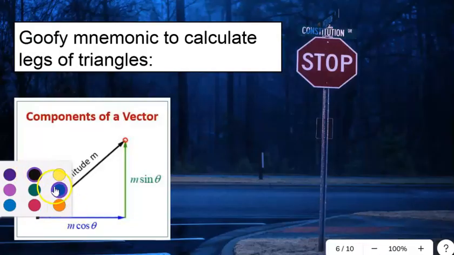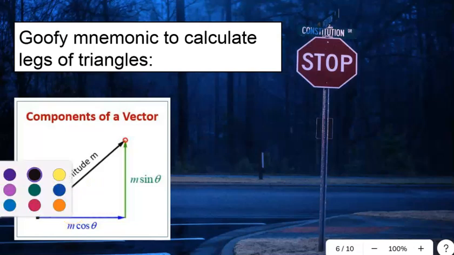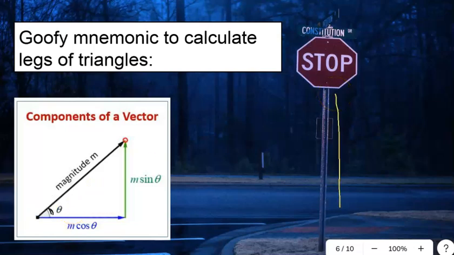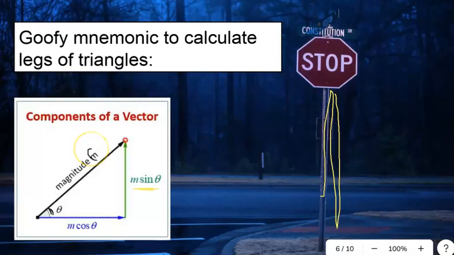Given that you know the angle relative to the horizon, like this is the positive x-axis, my goofy mnemonic is stop signs are vertical. And here again, instead of force, they're saying the magnitude of the vector, which I left because I think that is good for you to be comfortable with that terminology.